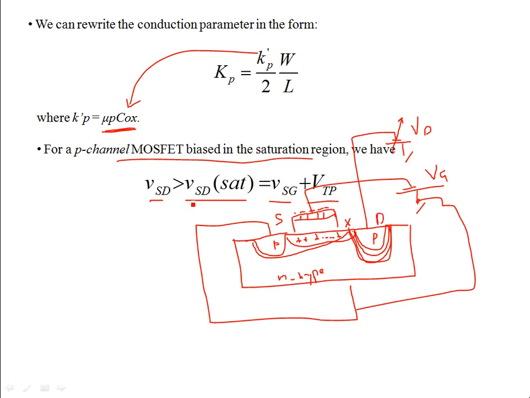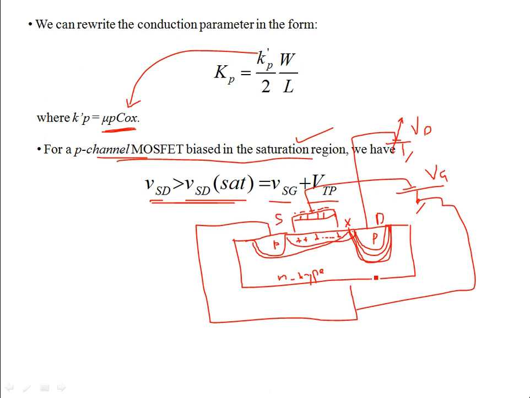So VSD greater than VSD sat is VSG plus VTP. VTP is the minimum voltage required by the gate to establish the field to have the inversion there. Once this point is reached, we have driven the PMOS into the saturation region.